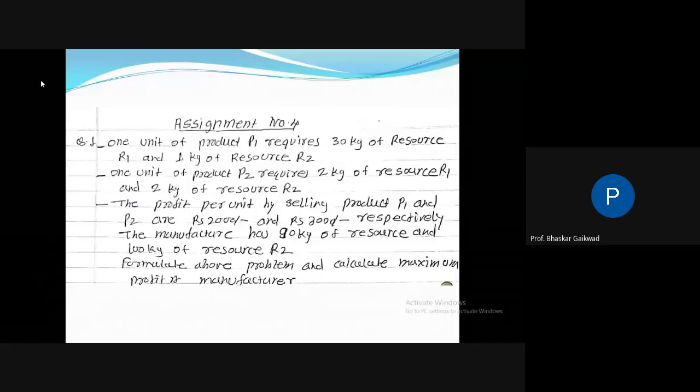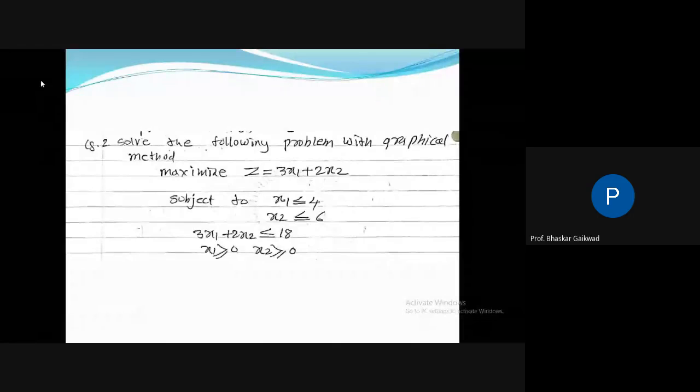Now question number two. I will give you the answer. Consider points B and C. While making the graph, you can get certain points.